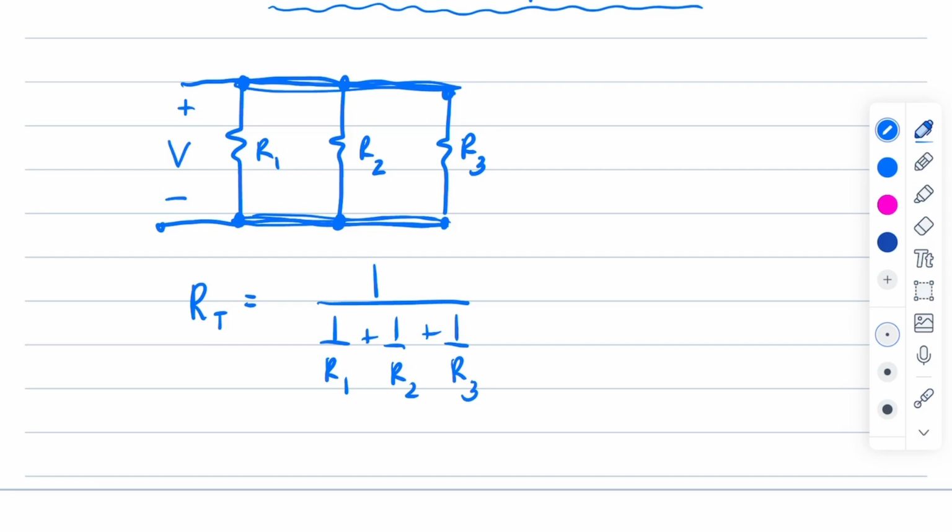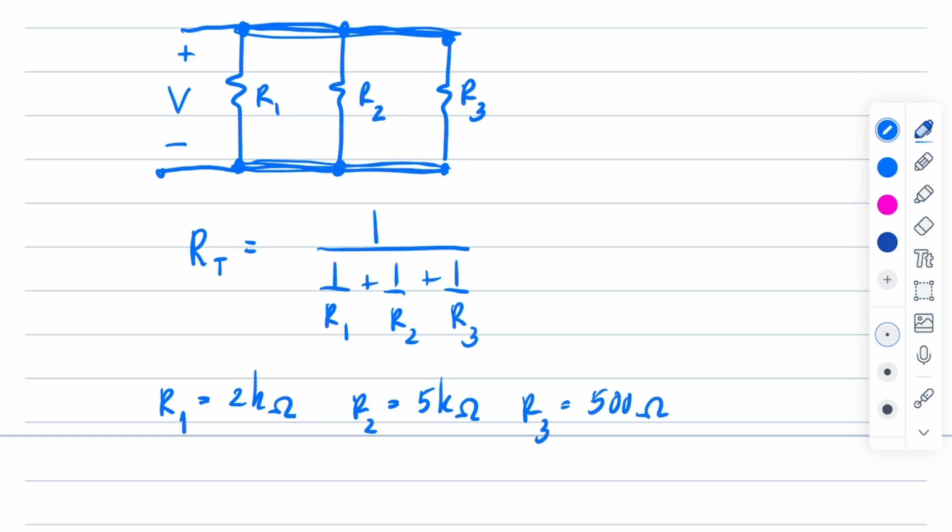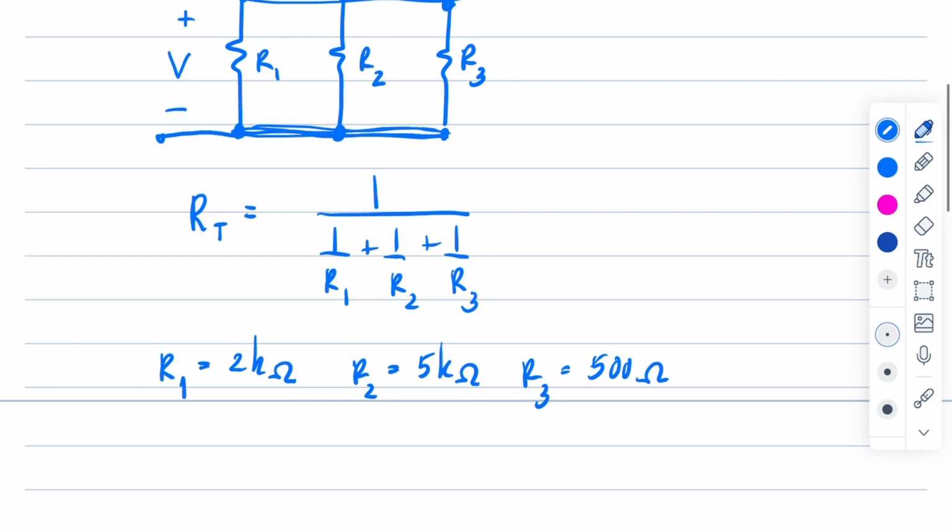So, let's see an example. I will assign R1 equal to 2K ohms, R2 equal to 5K ohms, and R3 equal to 500 ohms. Very diverse values, okay? But anyway, we have a calculator, we're not scared.